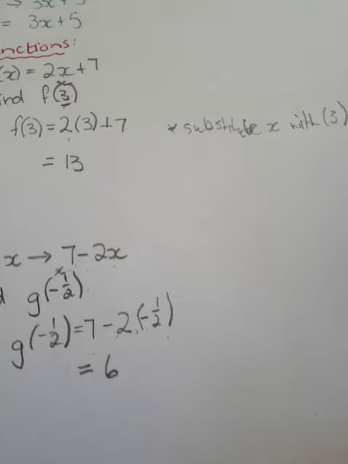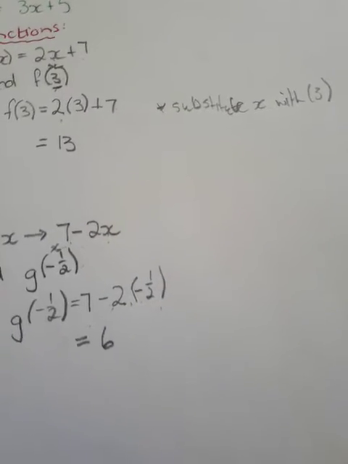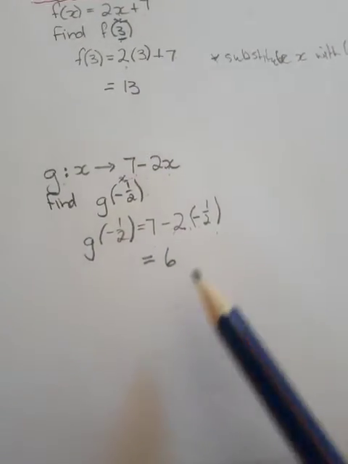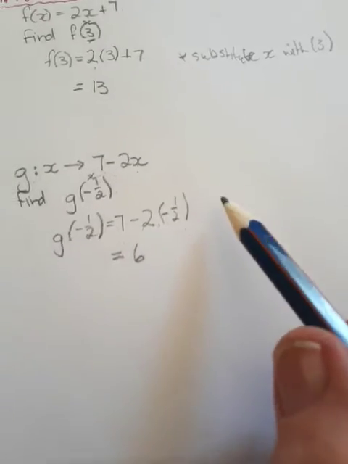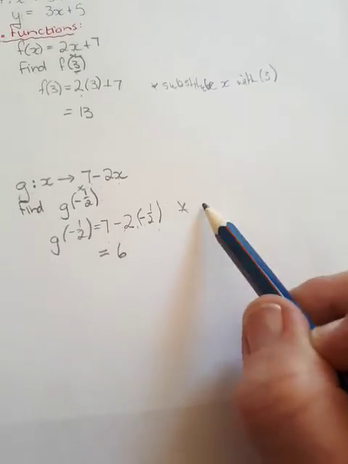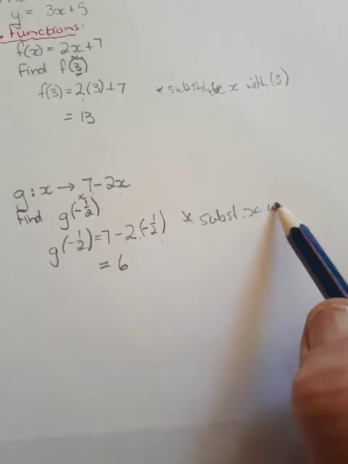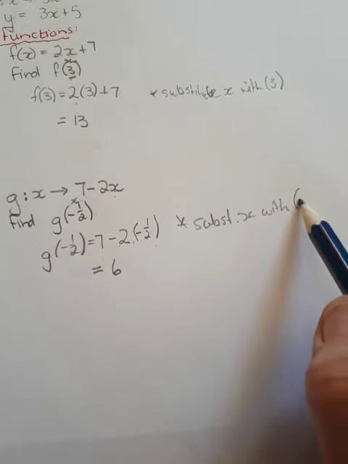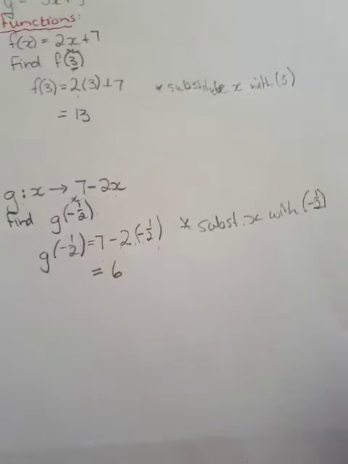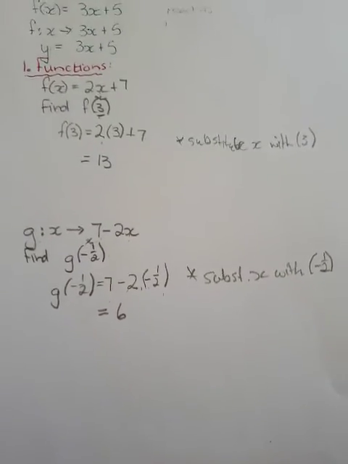Then you calculate your right-hand side. The same we have done here. We substituted x with negative 1/2, because that is what they have asked you to do.